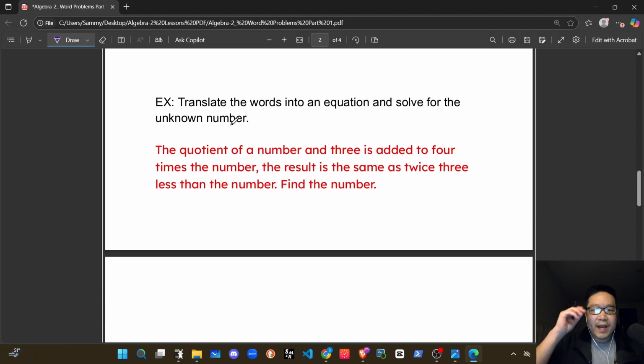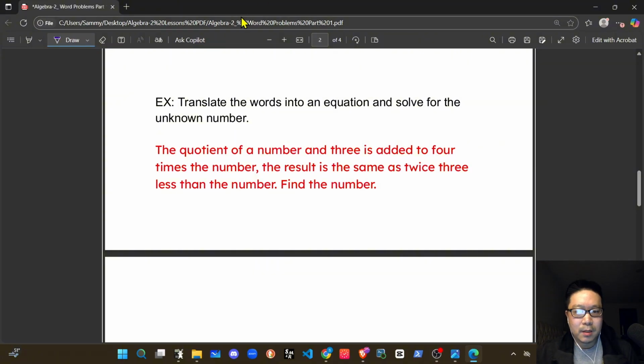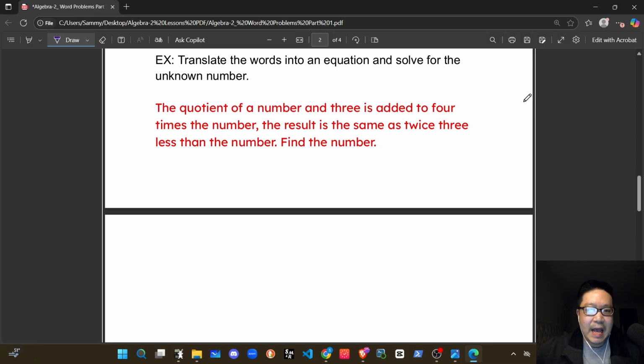Here it says, translate the words into an equation and solve for the unknown number. So let's go ahead and read. It says, the quotient of a number and 3 is added to 4 times a number. The result is the same as twice 3 less than the number. Find the number.